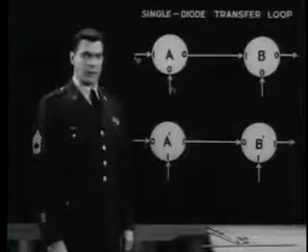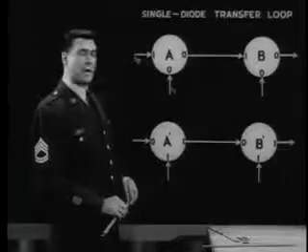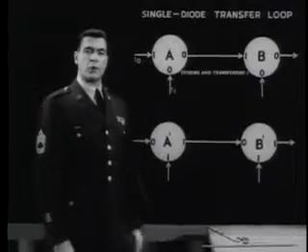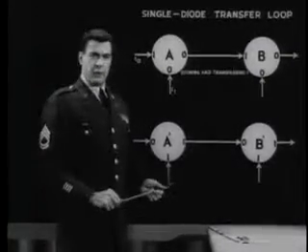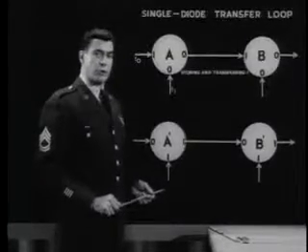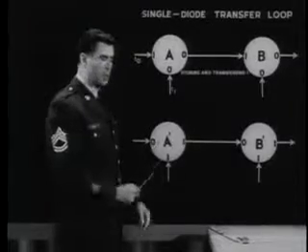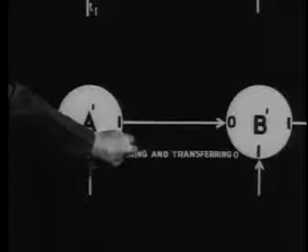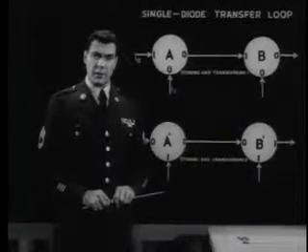We have used the single diode transfer loop two ways. First, we were storing a binary 1 in core A and transferring it to core B. Second, by reversing the diode and changing the input to and the transfer from core A prime, we used the loop for storing and transferring a binary 0. And in both cases, the transfer was physical.